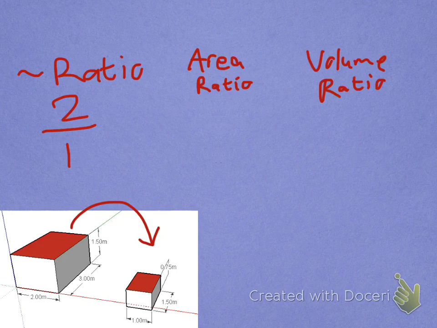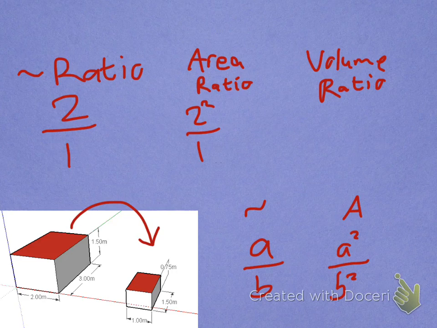Now, the area ratio, or the ratio of their surface areas, should remind you, several lessons ago, when you have similar polygons with a similarity ratio like A to B, then the ratio of the areas was A squared to B squared. Well, the same thing's going to happen here. So we're going to get 2 squared to 1 squared, which should be 4 over 1. Let's see if that actually happens.